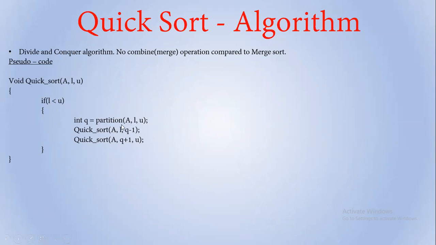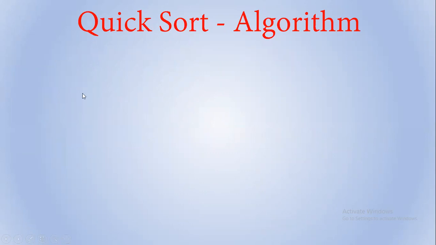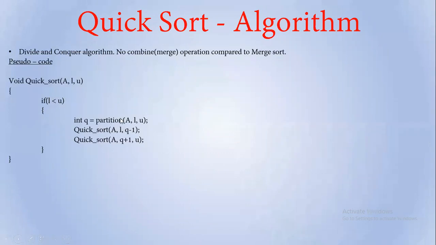You will understand that when we discuss the implementation of the partition function. In abstract, this is the algorithm of quicksort: when the input array size is greater than 1, or when L is less than U, it will partition and then call quicksort for two separate parts of that array, except the Qth element.